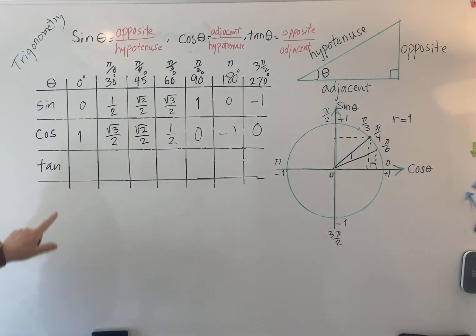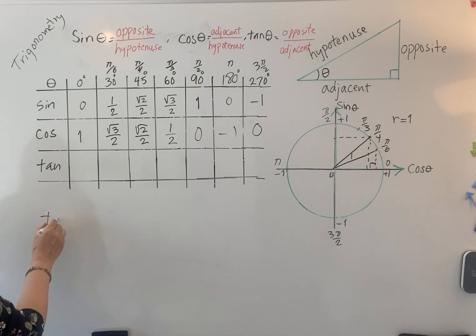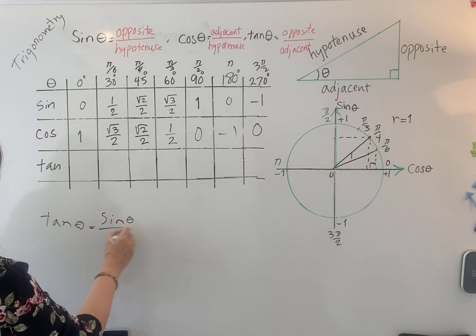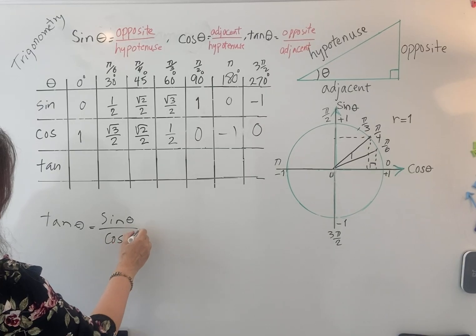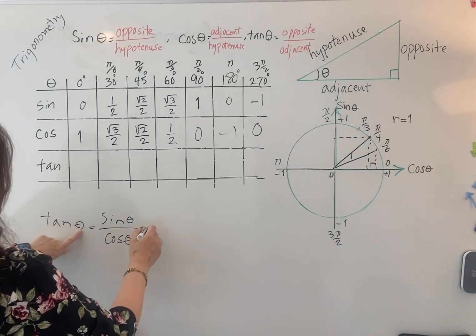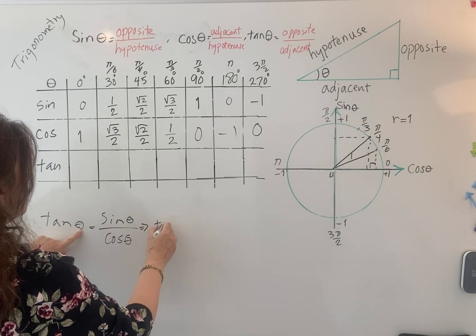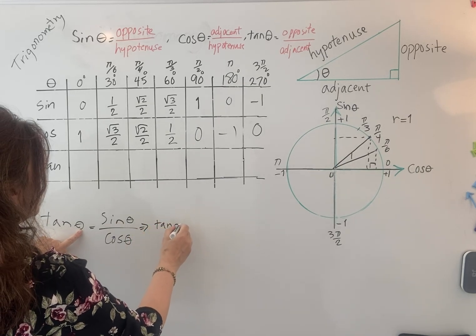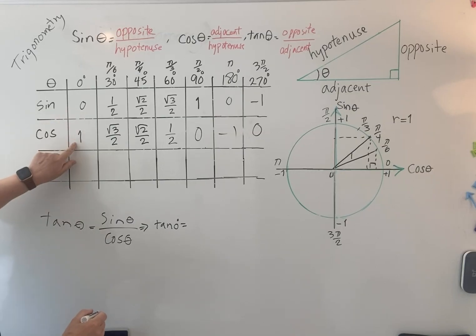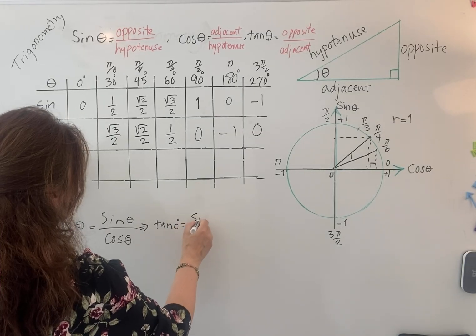How about tangent? Tangent is very easy because we know that tangent of theta is sine of theta over cosine of theta. We can find everything. Tangent of 0 degrees: how much is it going to be? Sine of 0 degrees over cosine of 0 degrees.